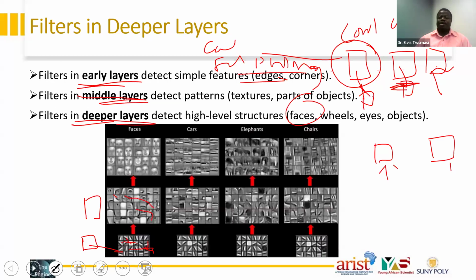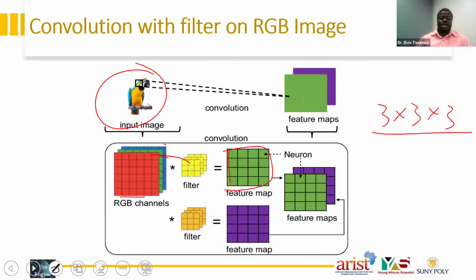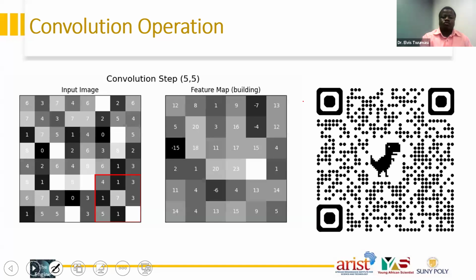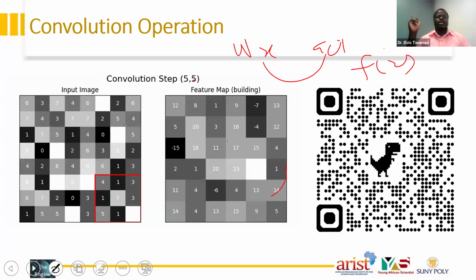Now, one thing is that after multiplying the image with the filter, you get this feature map, but most of the time we don't just go and use it. We have to pass it through an activation function. As I said, you have just done WX, and you pass it through an activation function f of z before you can use it for anything. Most of the time when we are explaining convolutional neural networks, we hardly talk about the activation function.